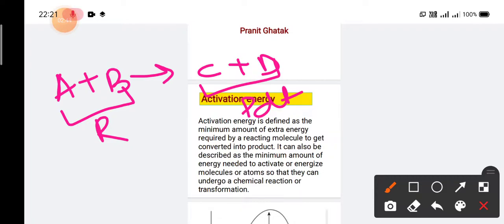So it can also be described as the minimum amount of energy needed to activate or energize the molecules or atoms of the reactants so that they can undergo chemical reaction or transformation.